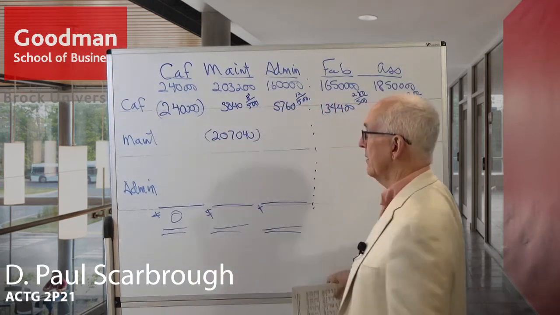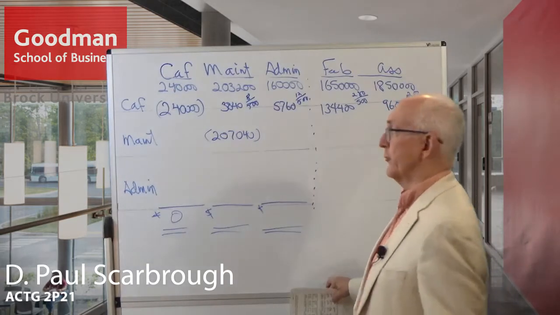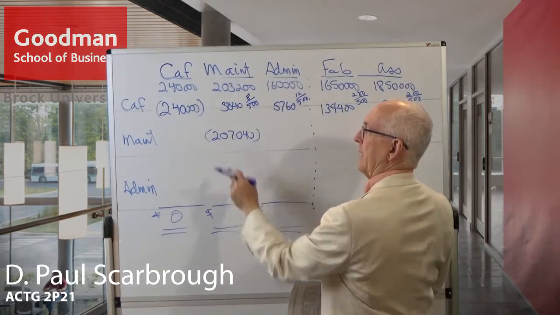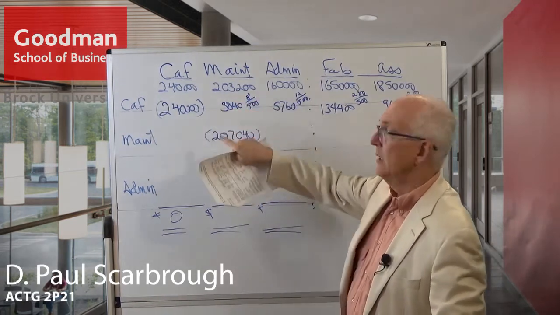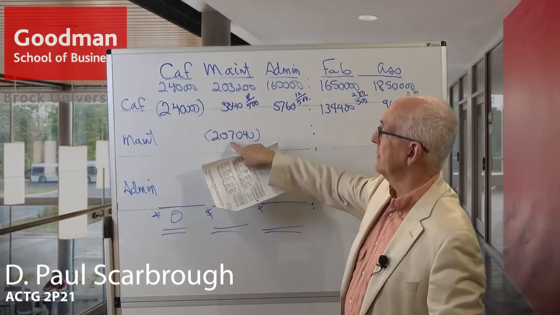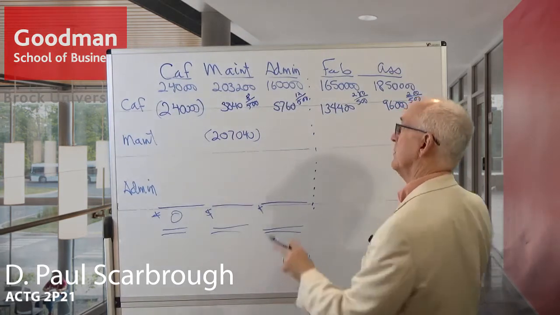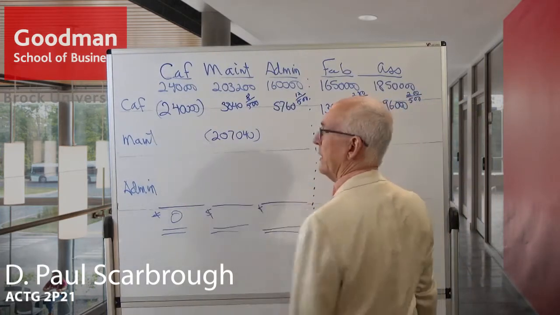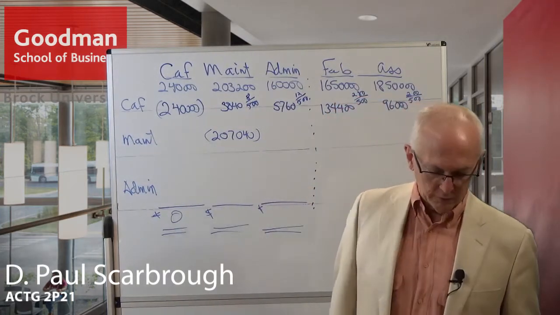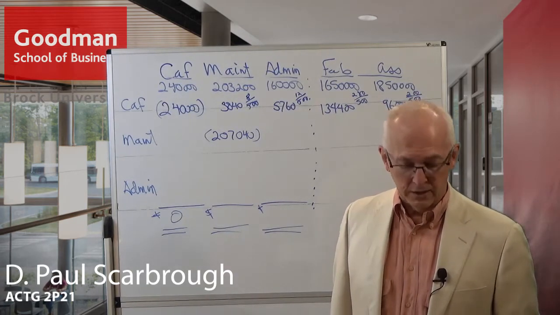So what we're saying here is that in this system, in the step method, the true cost of the maintenance department is $207,000. This is just the beginning cost, but we transferred money in from cafeteria. So we actually have to transfer out the 207, and we have to use the decimal fraction appropriate to the maintenance department for these three. If we go back and reread the maintenance department, that would be based on square footage occupied.